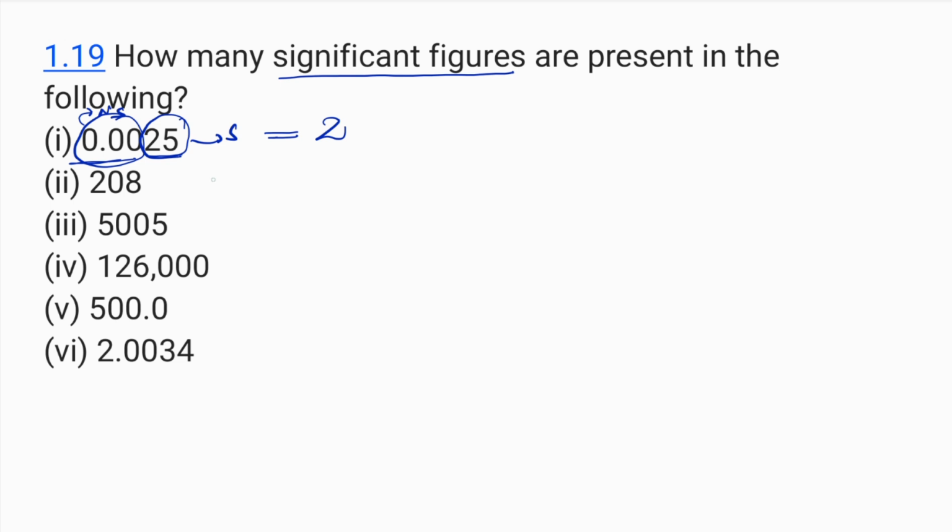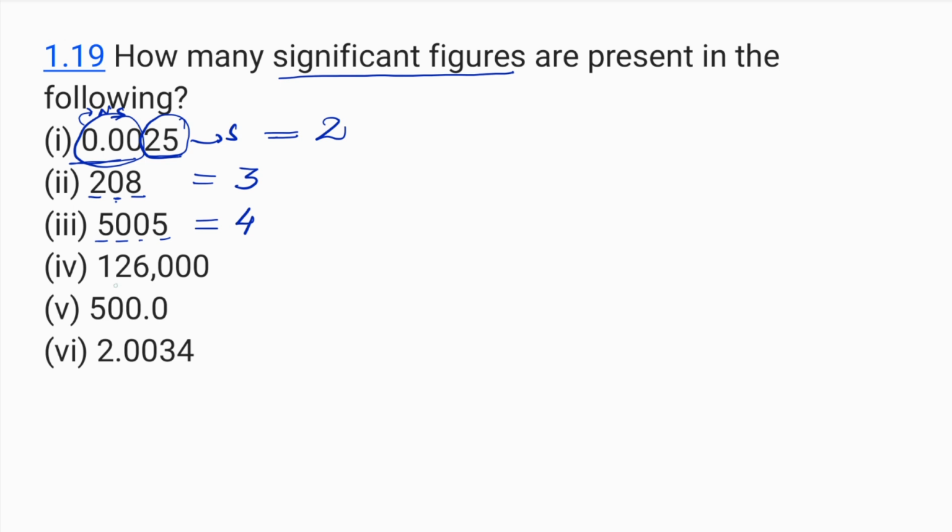Now the second one: 2 non-zero digits are there, and in between them there is 1 zero. So this zero becomes significant, and there are 3 significant figures. In the third one also, there are 2 non-zero digits, and zeros in between, which are significant. There are 4 significant figures.